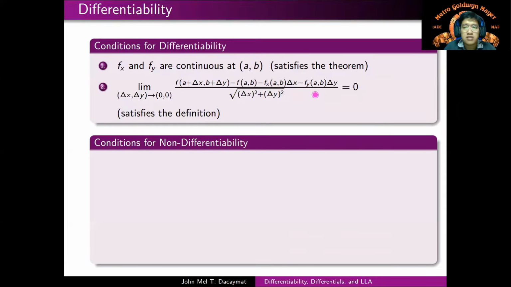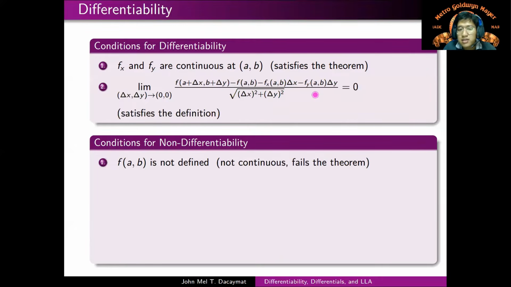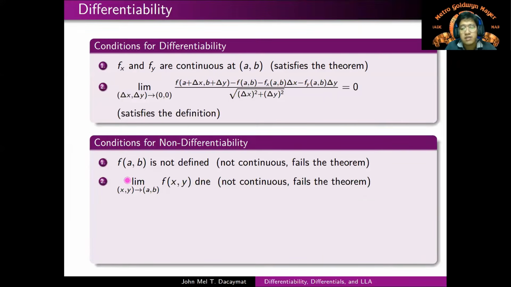Meanwhile, there are four possible ways for your function to be not differentiable at a point. First, if the function value at the point does not exist at all, because that means that it's not continuous. Again, para maging continuous, kailangan mag-exist muna, di ba? If hindi nag-exist, hindi continuous, not differentiable. Number 2, if the limit does not exist, hindi na naman continuous, hindi na naman differentiable.